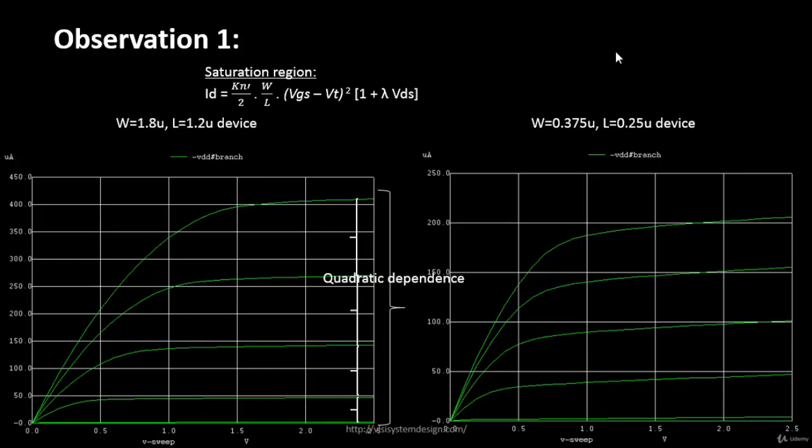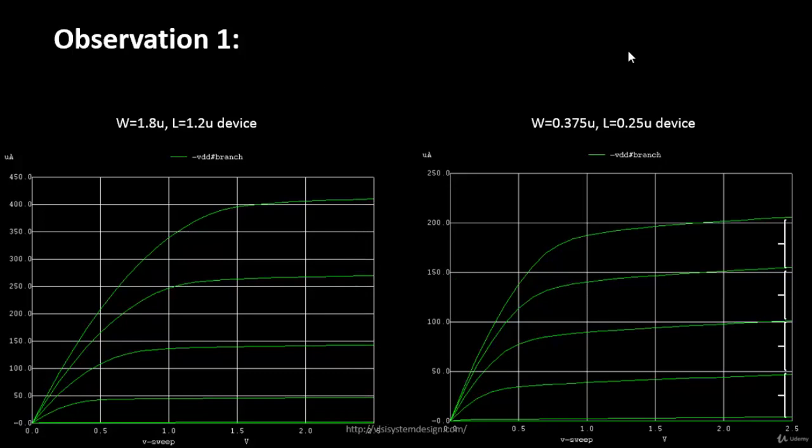But on the other hand, for a short channel device, when you look at the lower values of gate voltage, you still have a quadratic dependence in this area. For example, at 0 volts you have zero drain current. At a gate voltage of 0.5 volts, you have some drain current, let's say 10 microamps.